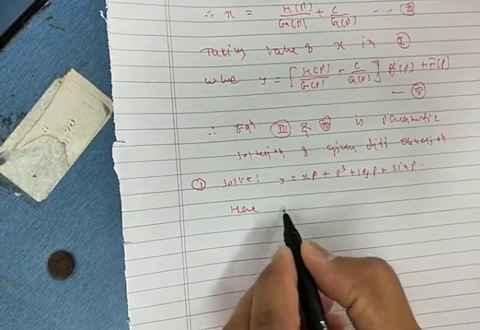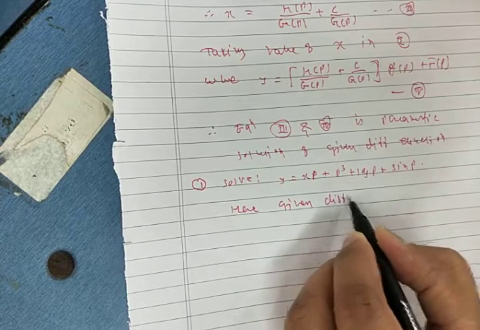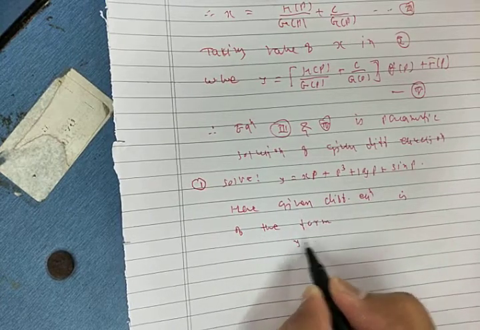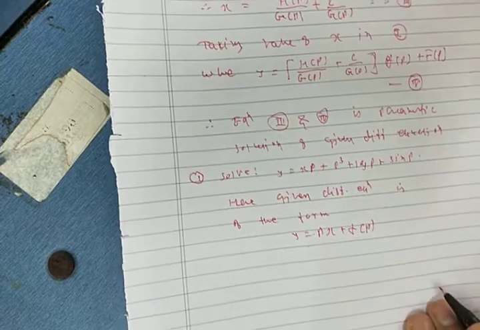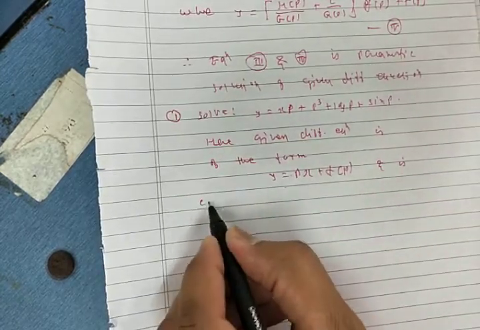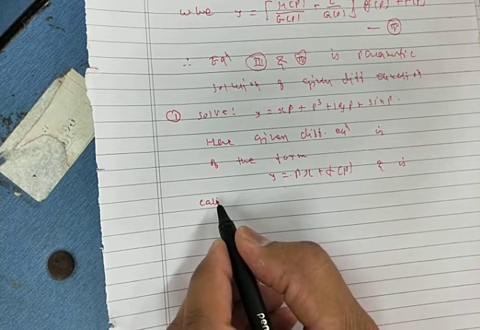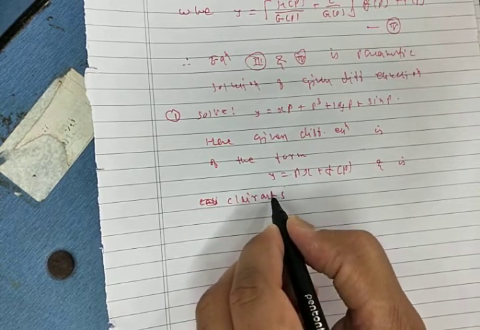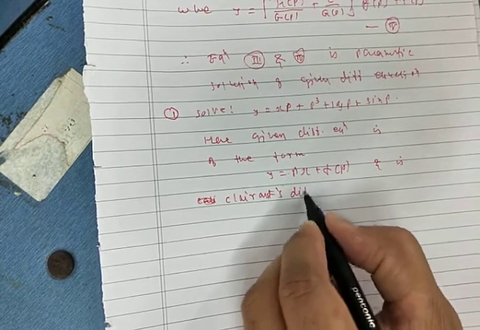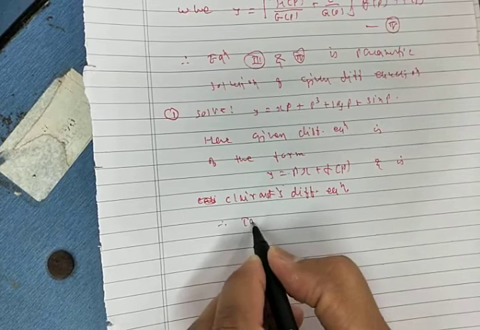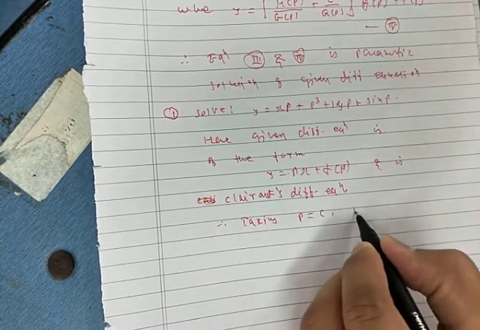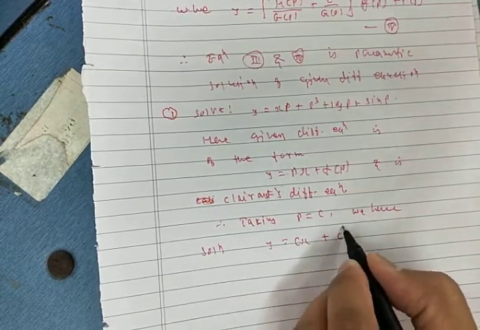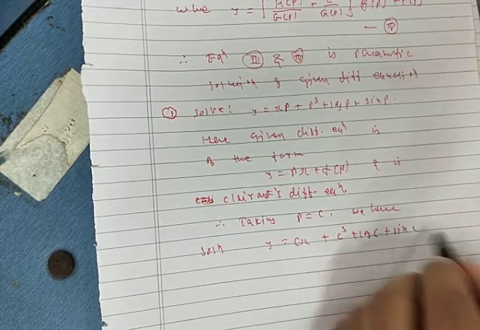Here the given differential equation is of the form y is equal to px plus f of p and is Clairaut's differential equation, and therefore taking p is equal to c, we have solution y is equal to cx plus c cube plus log c plus sin c.